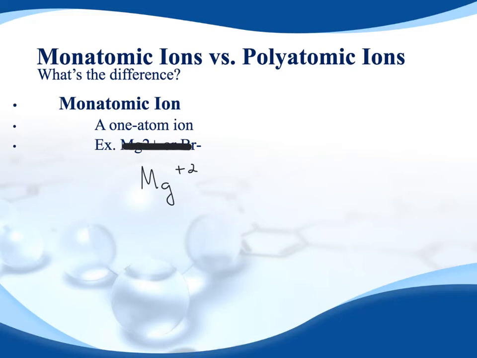It's in family 2A, so it's +2. Bromine, by itself, is neutral, but when it forms an ion, it gains an electron and has a -1 charge. So a monatomic ion is just a one-atom ion. That's all there is to it. Mon meaning one.